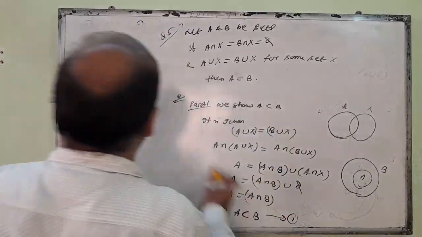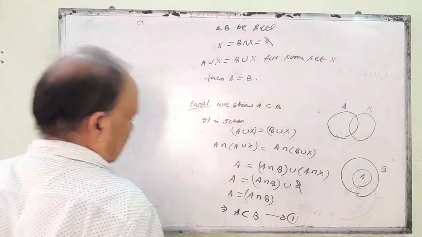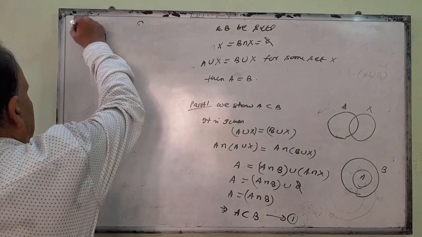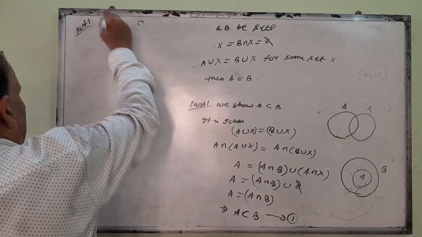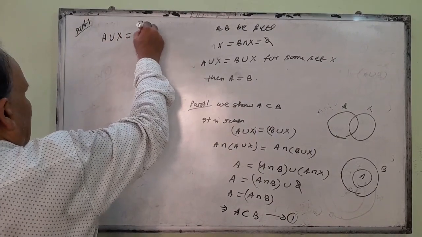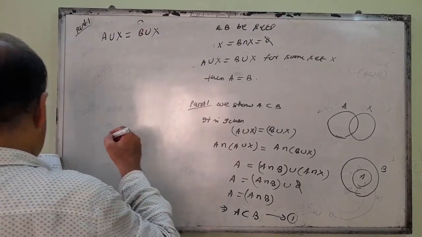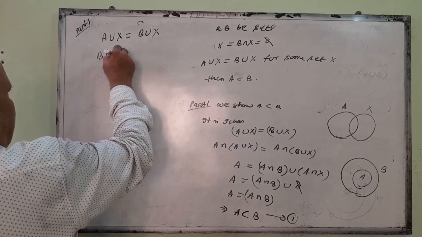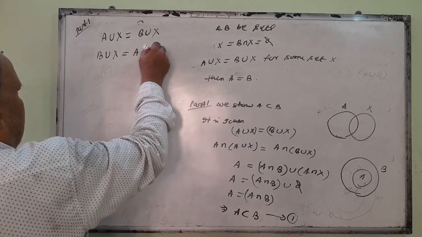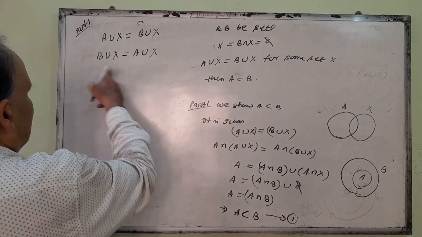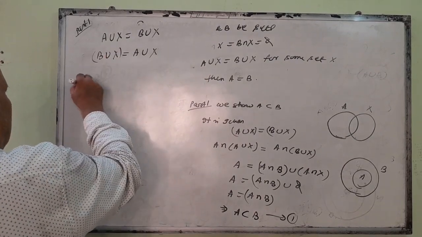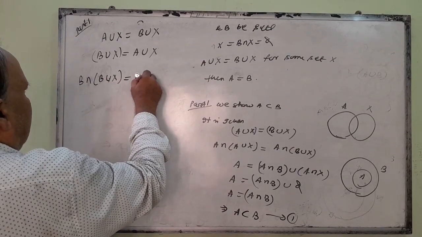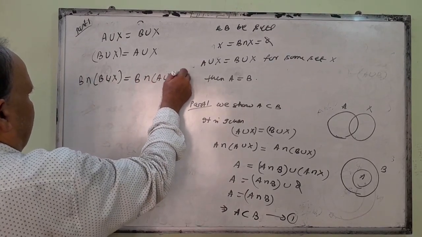Next come to your second part. From the hypothesis, A union X is equal to B union X, or B union X is equal to A union X. Taking intersection with B on both sides: B intersection (B union X) is equal to B intersection (A union X).